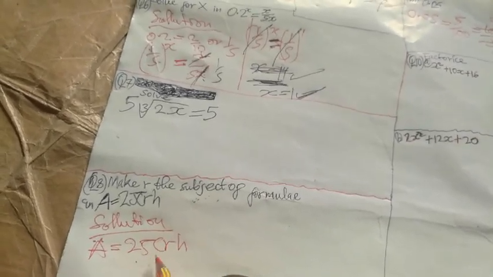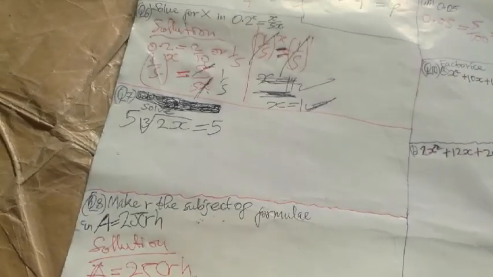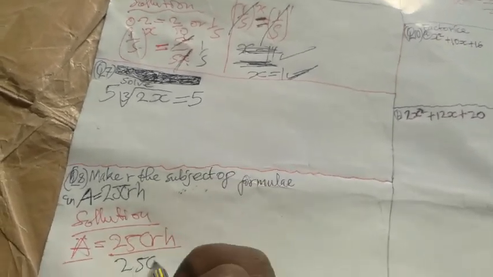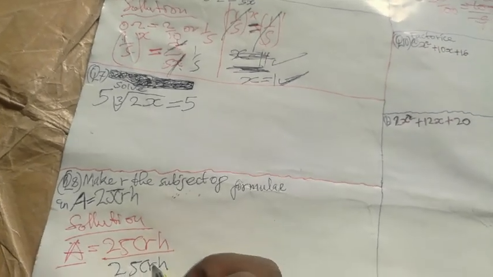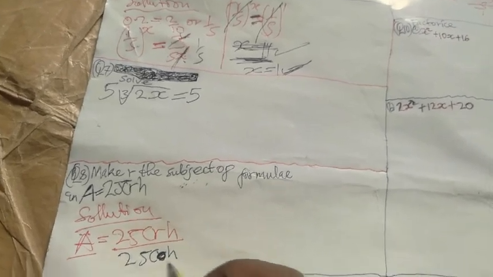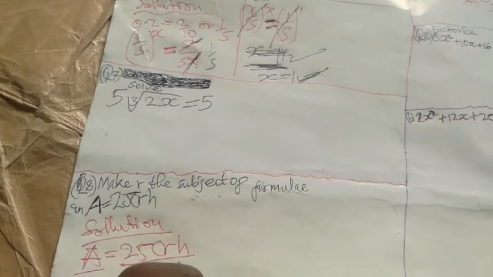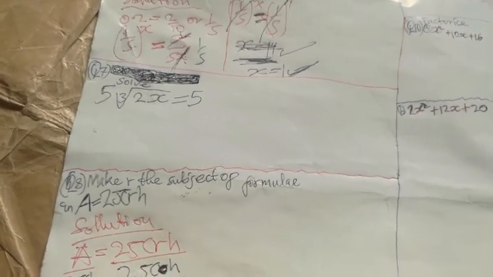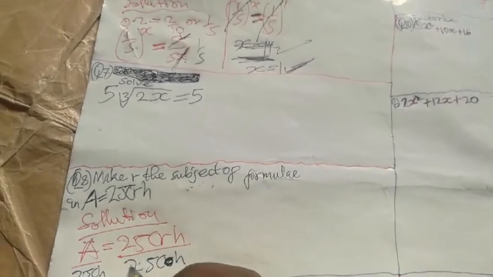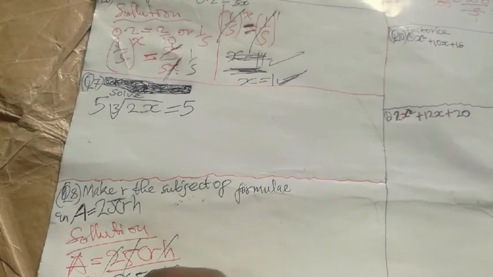Hence, we are going to divide both sides by 2 pi h, because we want r. If you divide both sides, 2 goes, pi goes, h goes, and we are remaining with r.